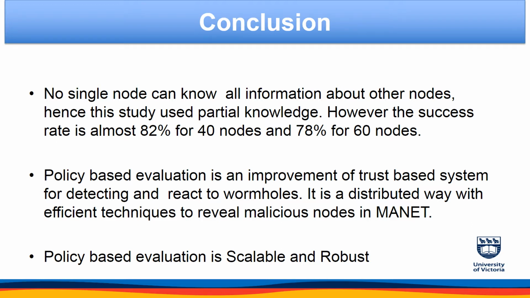We can conclude that policy-based evaluation is an improvement of the trust-based system because it managed to detect and react to wormholes. It also has a way of distributing its techniques based on different approaches and can reveal malicious nodes in MANET. Policy-based evaluation is also scalable and robust.